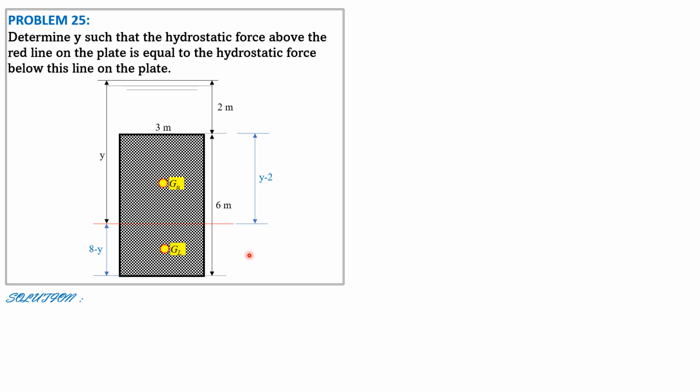And this is the centroid of the lower part below the red line. And the distance to the liquid surface is denoted by HGL. So this is HGU, and this distance is HGL. Let's read it from this figure here.